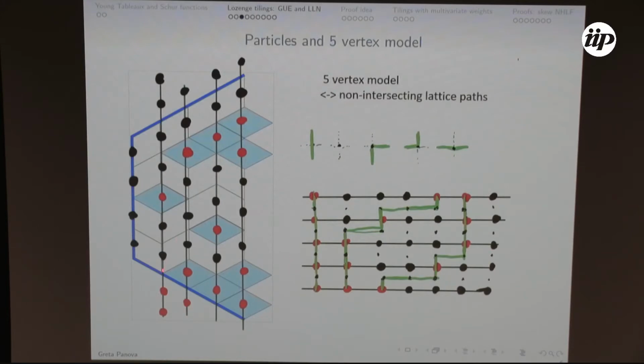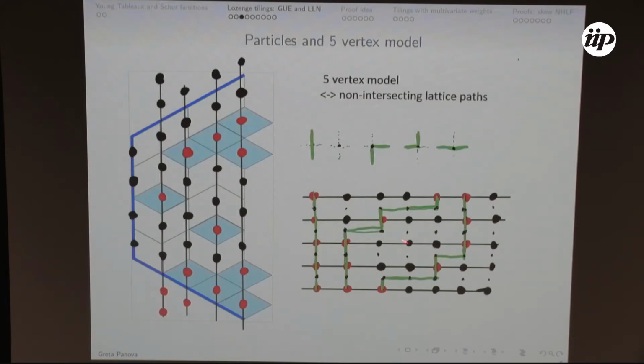First of all, I did draw the dual of what people normally do. What people normally do is assign particles to the white rhombi along the line, and then these particles would be jumping. So line by line would be some kind of evolution process where the particles are jumping ahead.